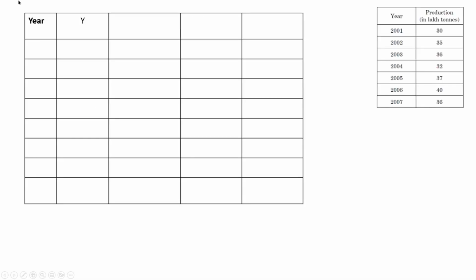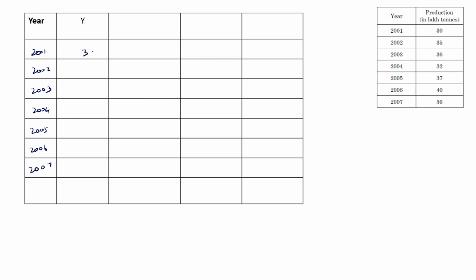So let us draw a table like this. We have year, then we have y, which is these values. So the various years are 2001, 2002, 2003, 4, 5, 6 and 7.